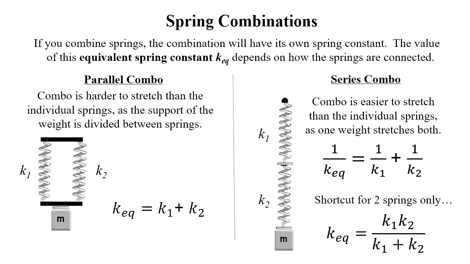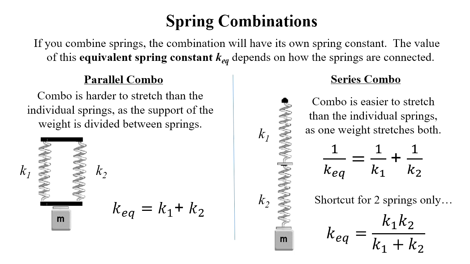Let's look at the series combination on the right side of the screen. Everything here is going to be sort of flipped from the parallel combo. For a series combo, you pull on the end of one spring and that force gets transferred along the line, and it also pulls on the second spring. You stretch both of them for the price of one force. That single mass at the bottom is going to stretch both springs.